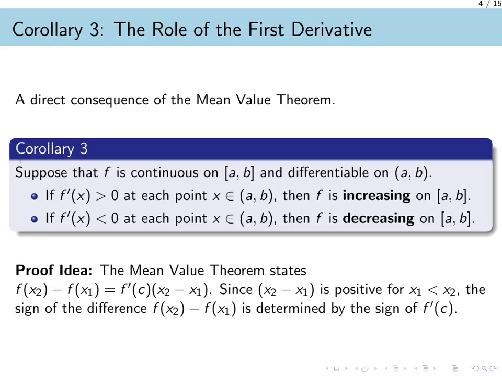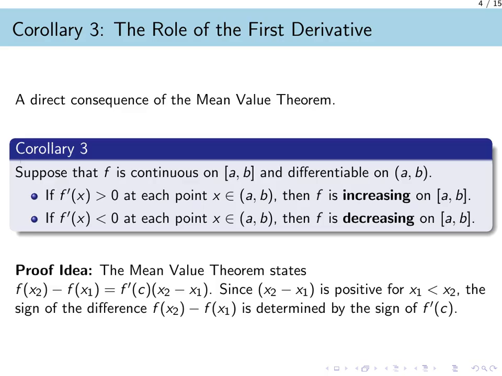This theorem tells us that the change in a function's value, which is f of x2 minus f of x1, is equal to the derivative at some point c times the quantity x2 minus x1. Because we always look at an interval from a smaller x1 to a larger x2, the term x2 minus x1 is always positive.